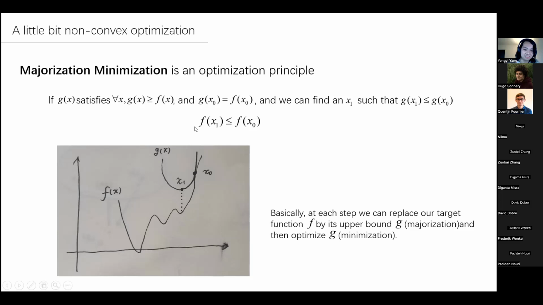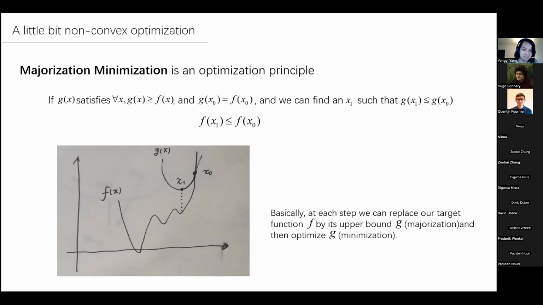Basically, if we want to optimize a function f(x), whose properties might be very bad, maybe non-convex or non-smooth or even non-continuous.